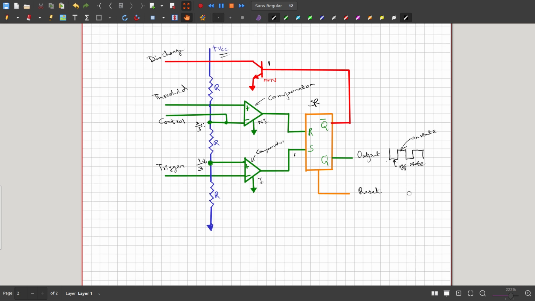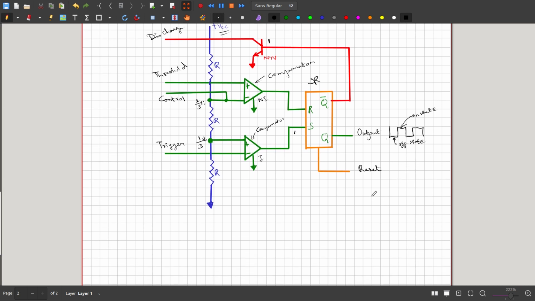What it means is, we can either make the off state small and the on state large, or else we can make the off state large and the on state small, like this.